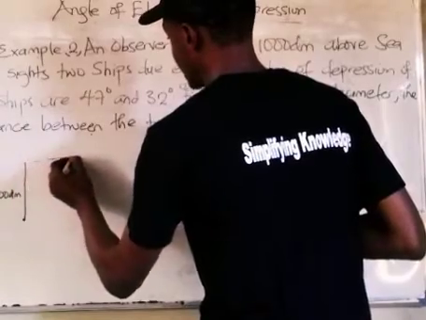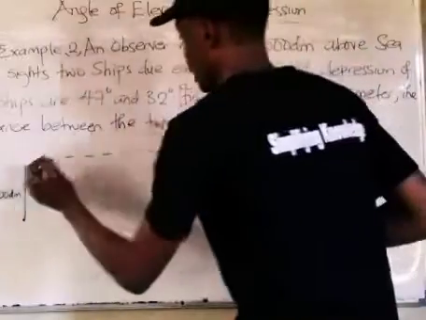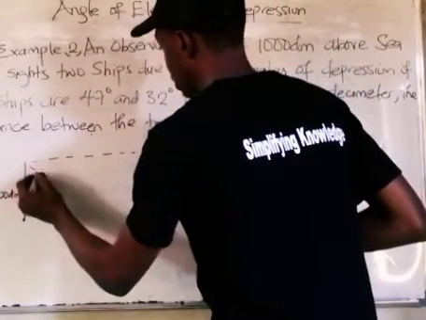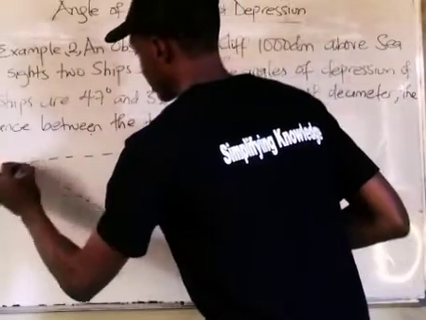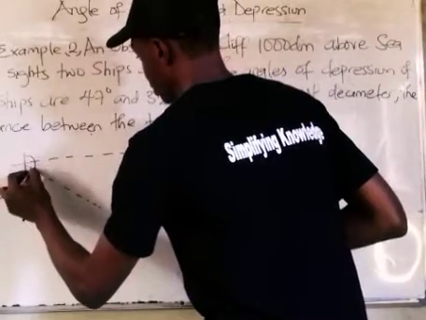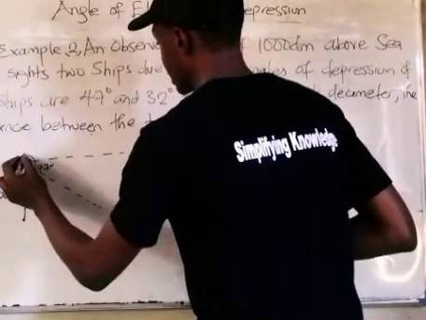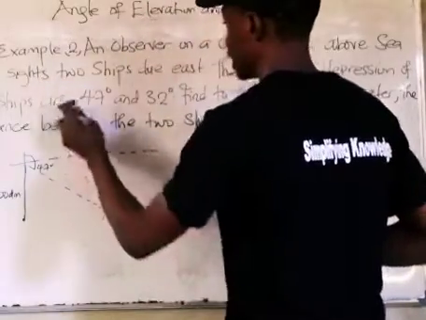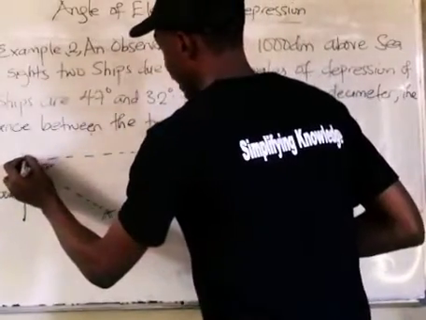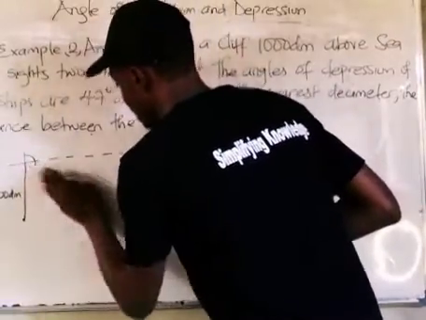So, let's assume this is the man's line of sight. The angle of depression, let's assume this is the 47 degrees part. And again, this is ship A. Let's call the first ship A. Oh wait, let me make this diagram.